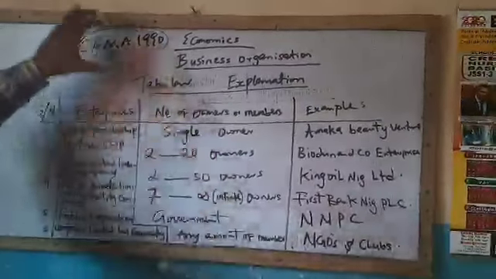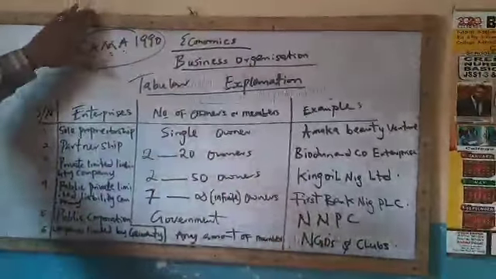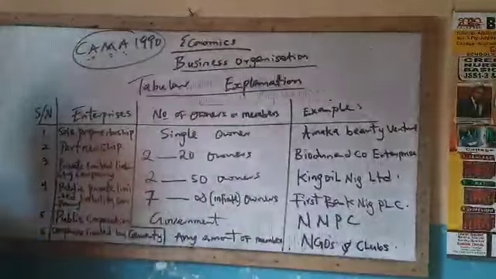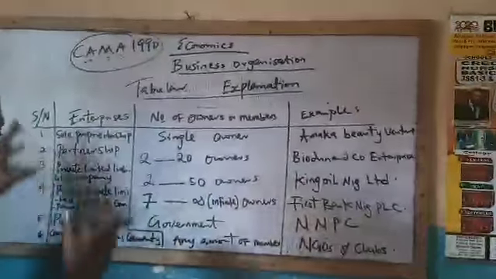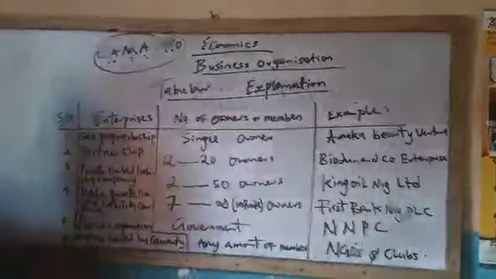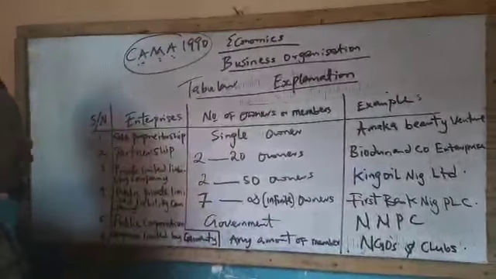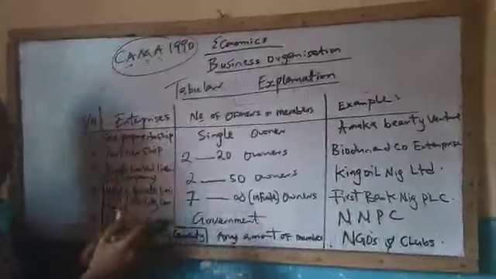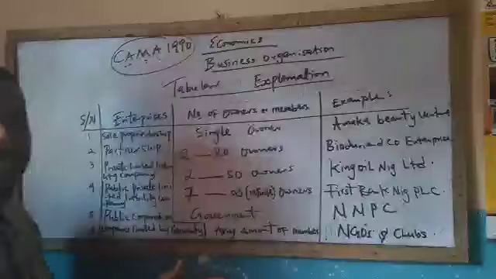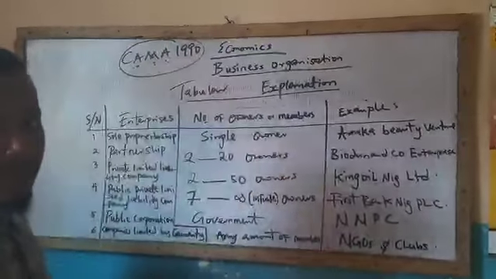This is the particular law, the company law, that spells out the number of people that should be running these various types of enterprises. That of partnership, the range is from 2 to 20. Anything more than 2 to 20 is no longer a partnership.